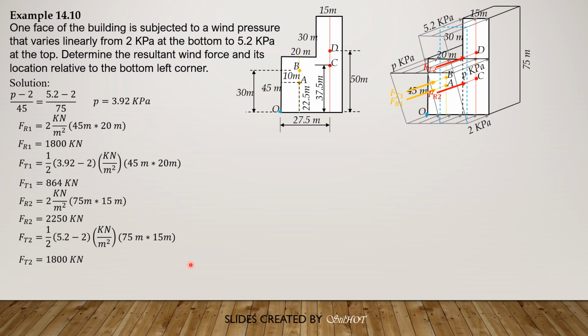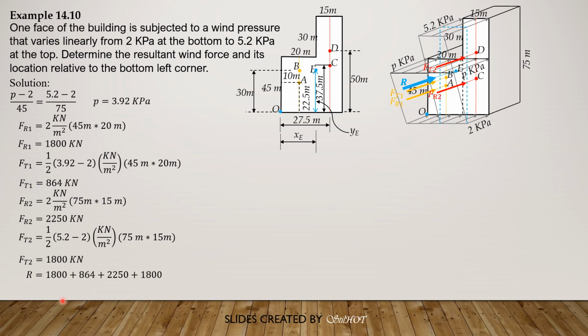So the resultant, we will call that resultant R, and its point of intersection with the wall is at E. So E is somewhere here. We will call its distance from the left X sub E and its distance from the bottom Y sub E, as shown in the figure.